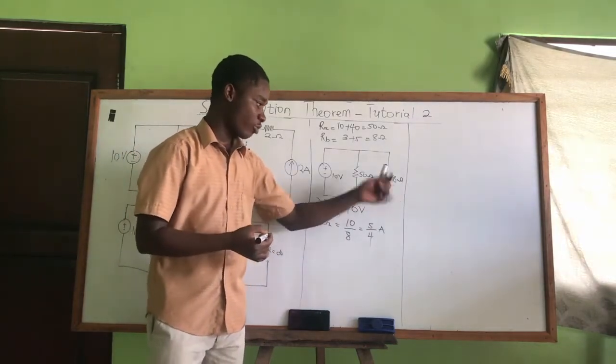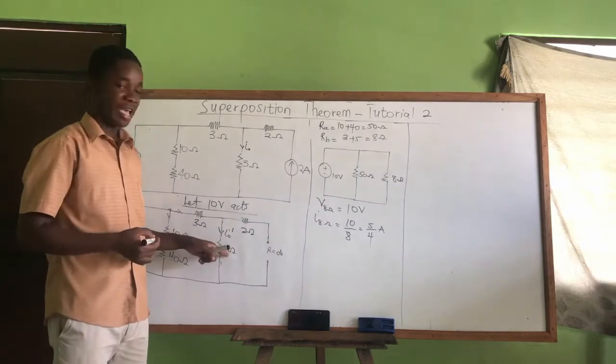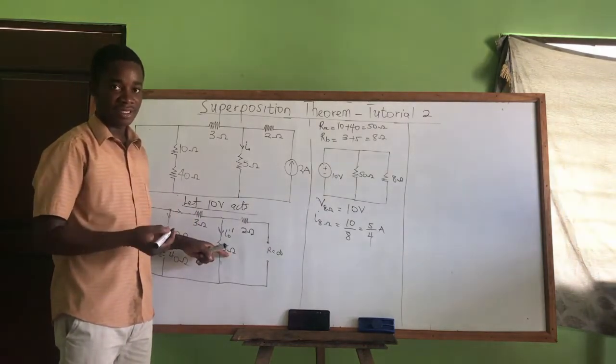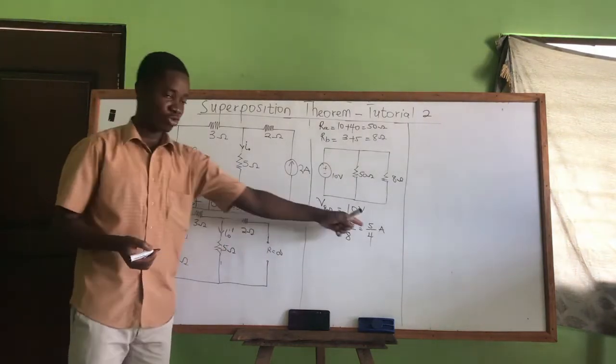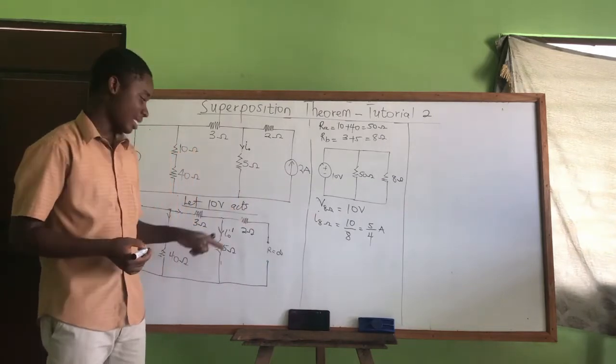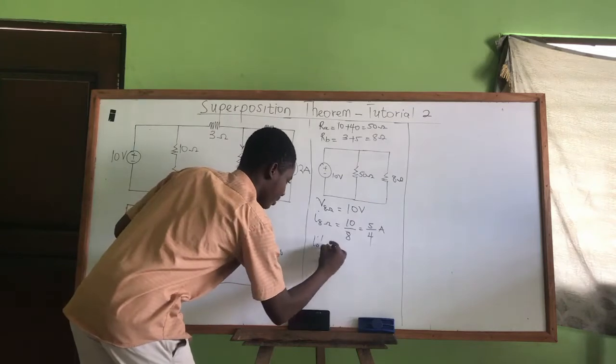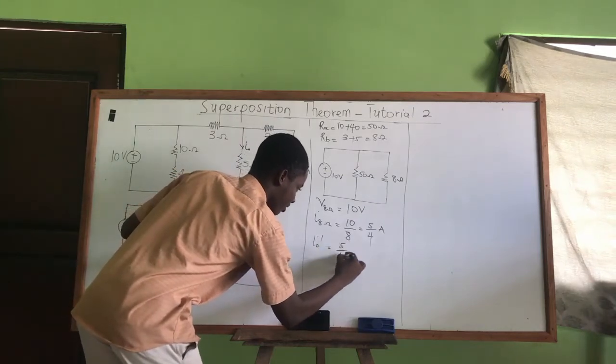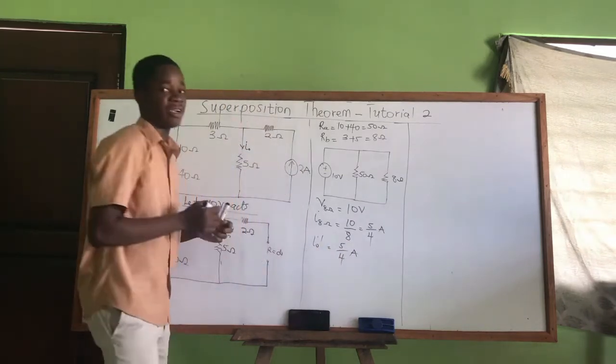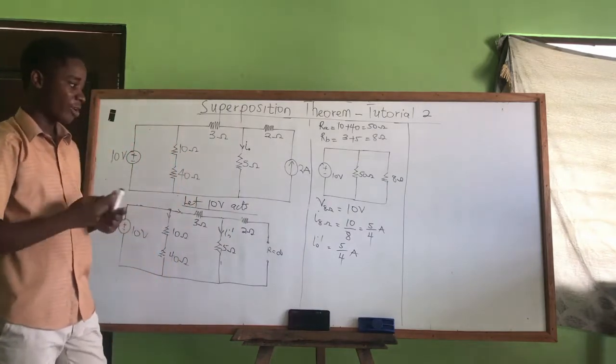Now this 8 is also from where? From 3 and 5. In what connection? Series. Meaning the current in the 5 is also 5 over 4 amperes. And that is the I naught prime we are after. So now I can say I naught prime is equal to 5 over what? 4 amperes. Very simple. So we found that current.